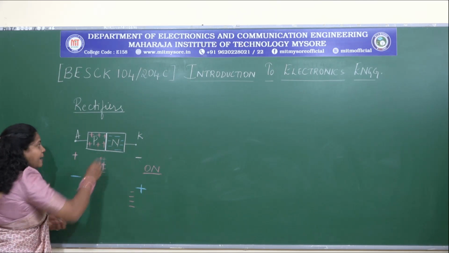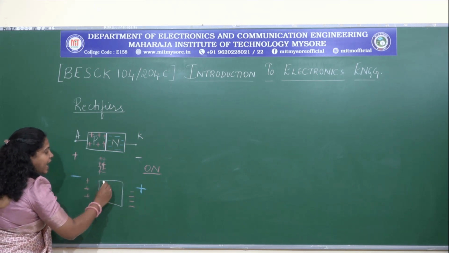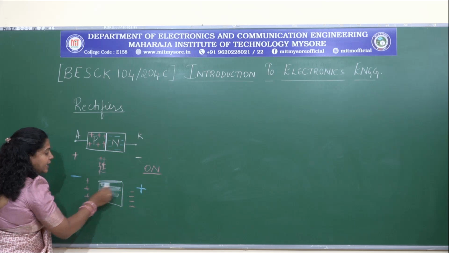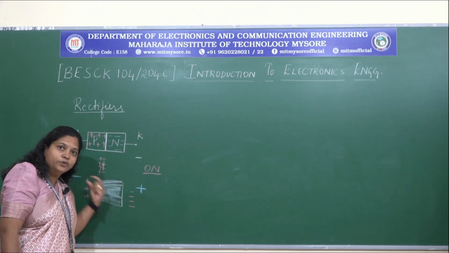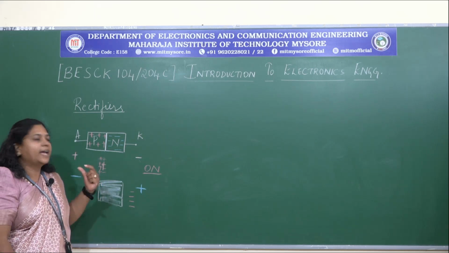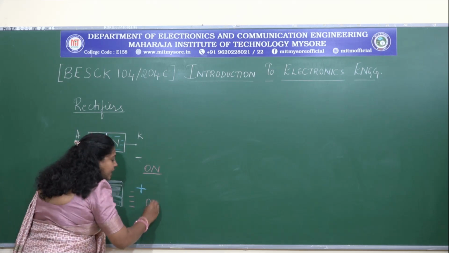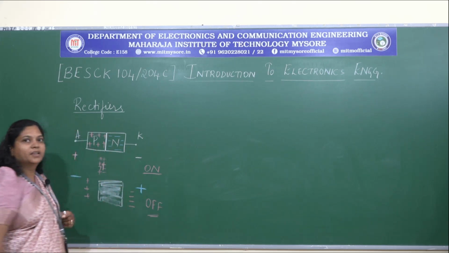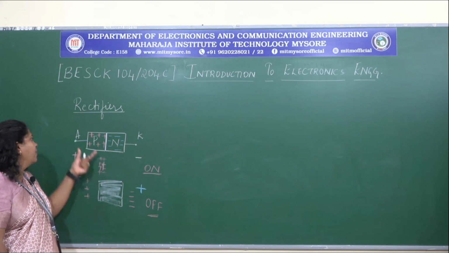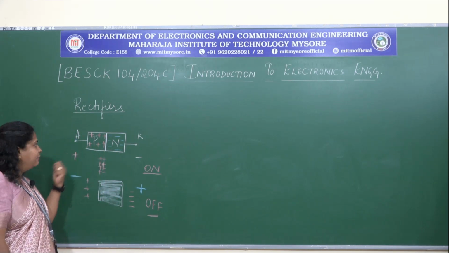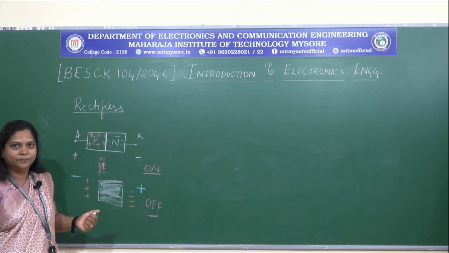So what happens to the barrier potential gap? It increases. The gap between the P and N regions is high, and because of this the electrons cannot freely move to make a pair with the holes. Hence there is no current flow and the diode is said to be in its off state. So this is how a diode turns on as well as off when we apply different potentials across the P and N regions of a diode.